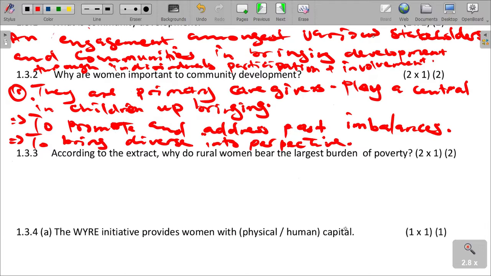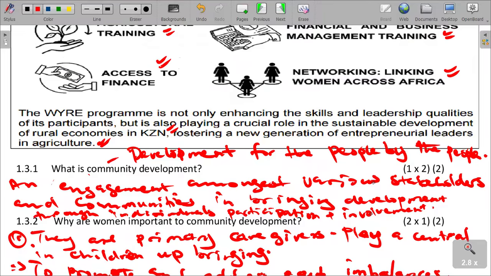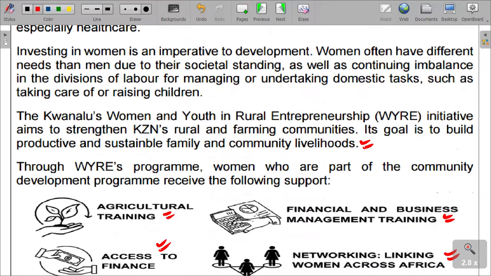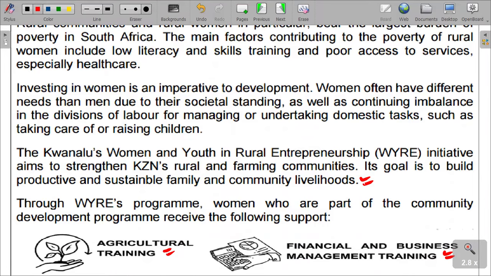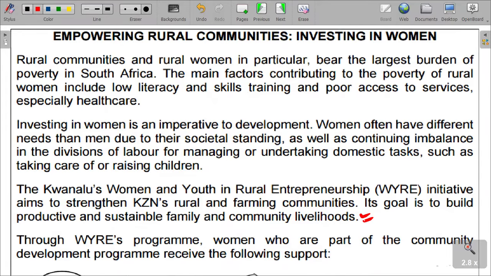And then, according to the extract, why do rural women bear the largest burden of poverty? It is given in the context that we have issues to do with marginalization, and imbalances in undertaking domestic tasks such as caregiving and raising of children.